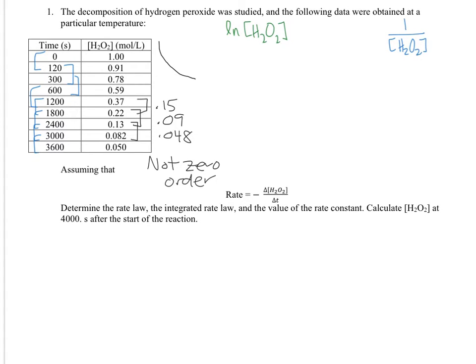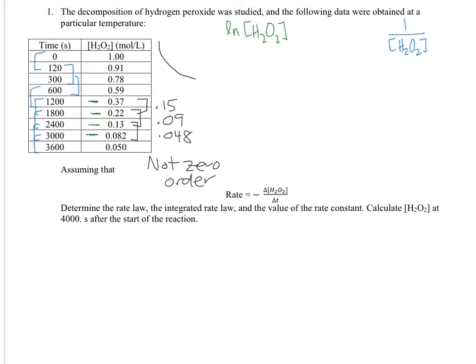In other words, the rate of the reaction does depend on the species present, like how much of it is there. So what we're going to do now is take the natural log of some of the more interesting data, the 0.37, the 0.22, the 0.13, and the 0.082, and see if the natural log of these numbers produces a linear slope.